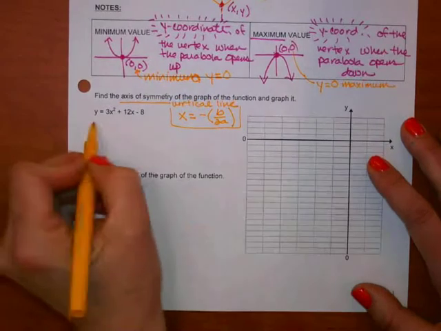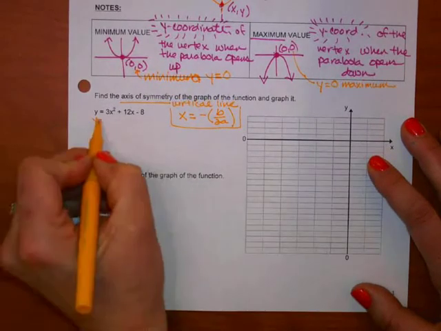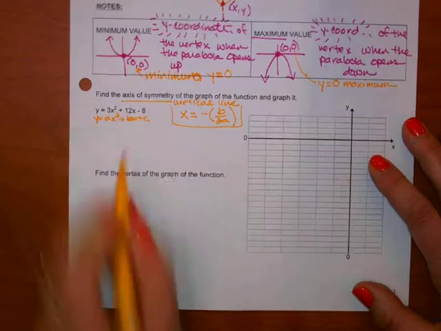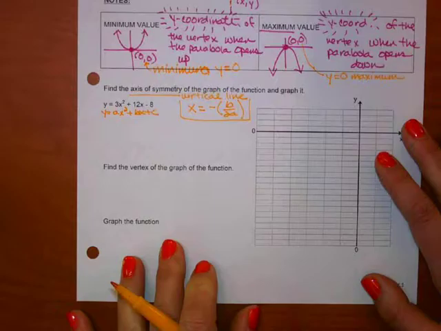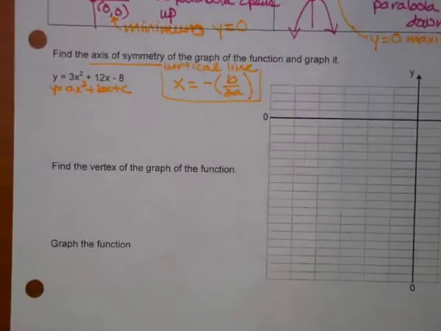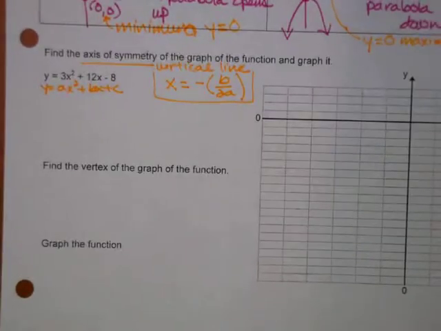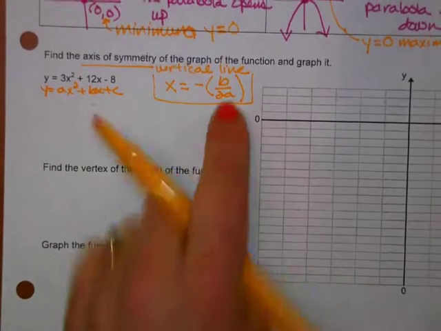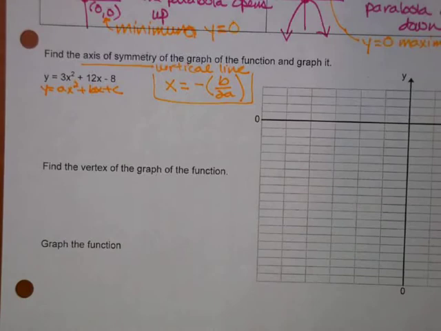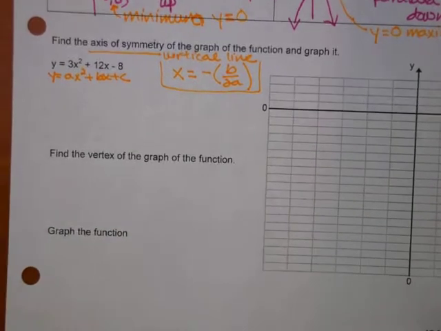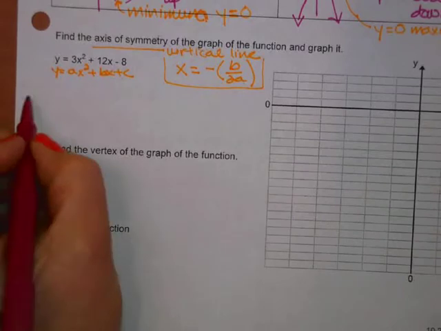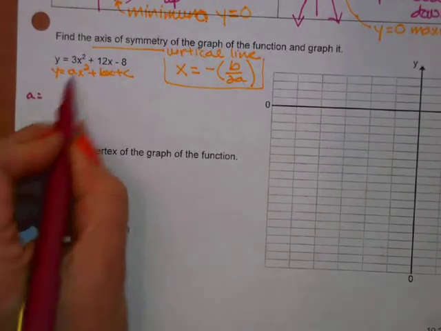So in order to come up with that, you have to remember that this is this in its general form, right? So we can easily come up with the vertical line that is the axis of symmetry by plugging b and a into this. First of all, let's identify what is a here. 3.